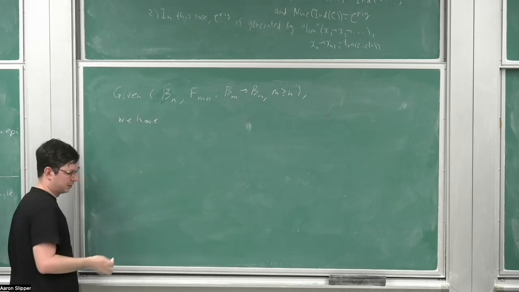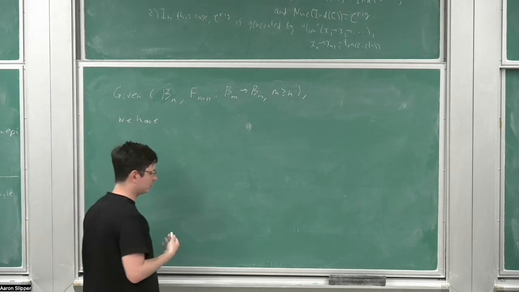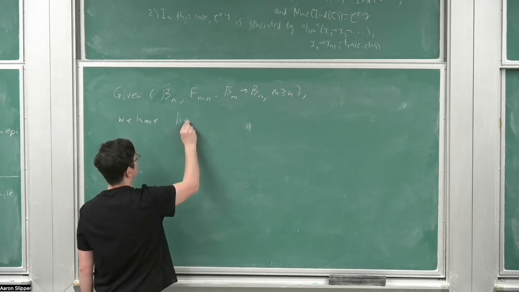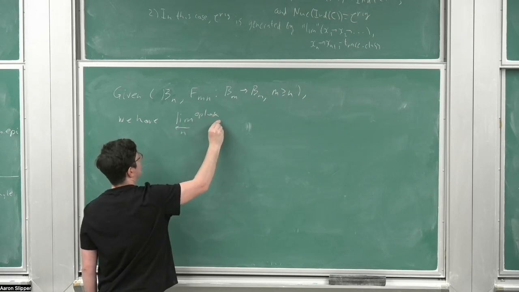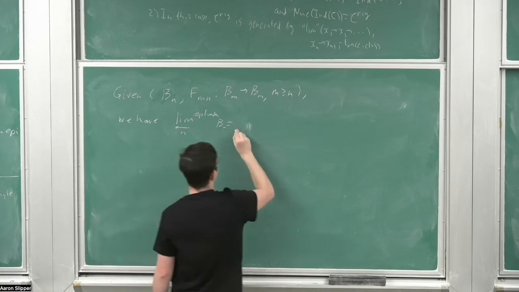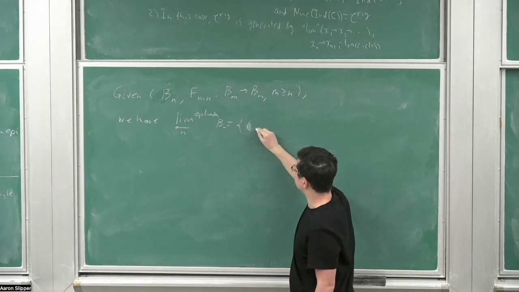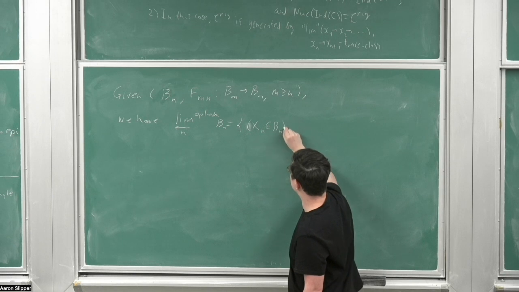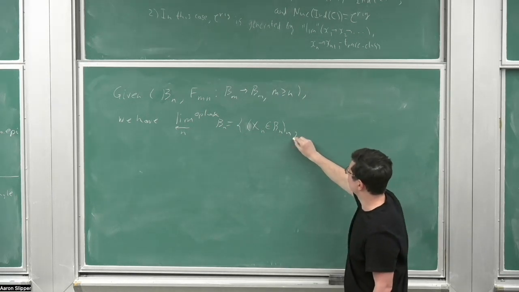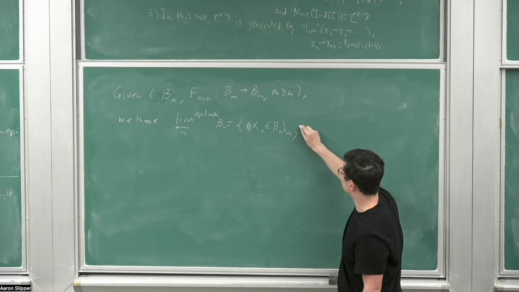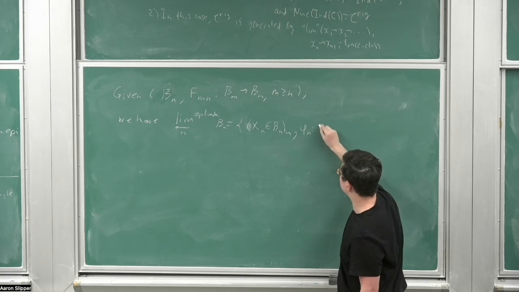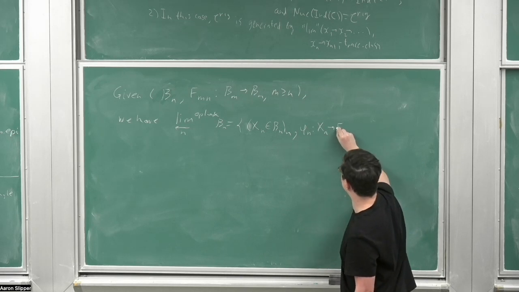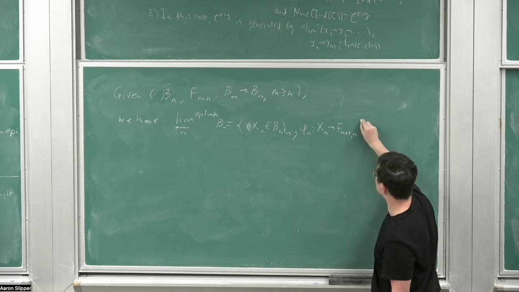this oplax version of a limit. This is a very natural thing to consider. Basically, we consider a sequence of objects xn in Dn, and the maps, let's say phi n, from xn to the image of xn plus 1.